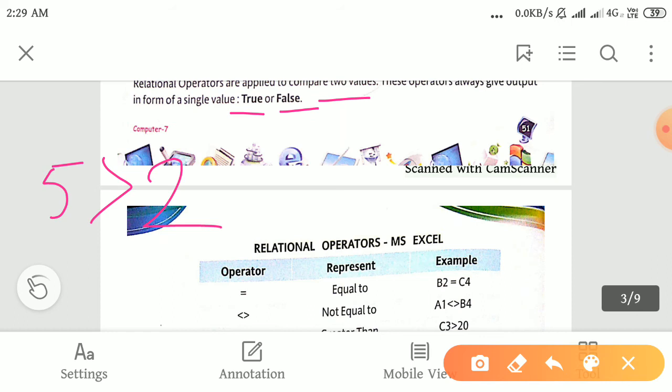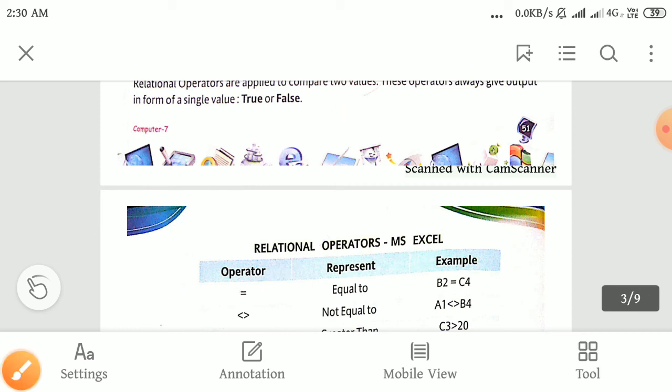If you are saying yes, then it means it is true, right? If you write down 5 is greater than 12, then it is not possible, it is false, so you will say false. So these relational operators always give you the values in either true or false, right? Only two outputs are expected from these kinds of operators.